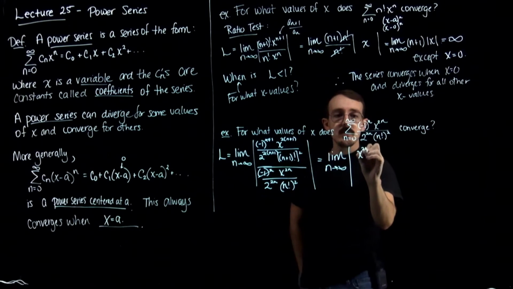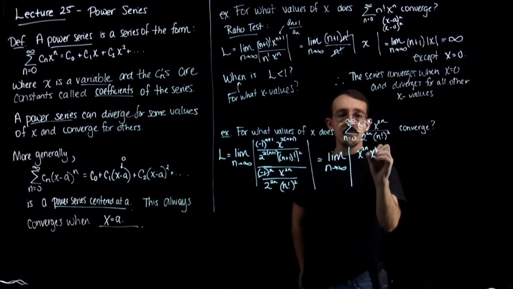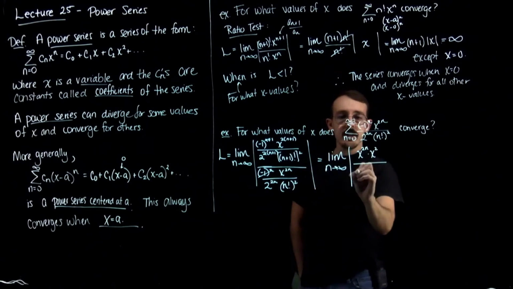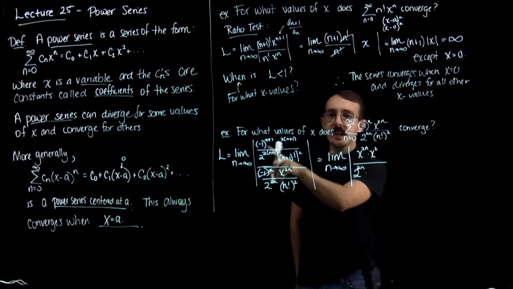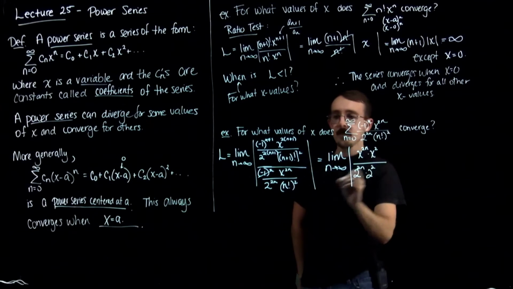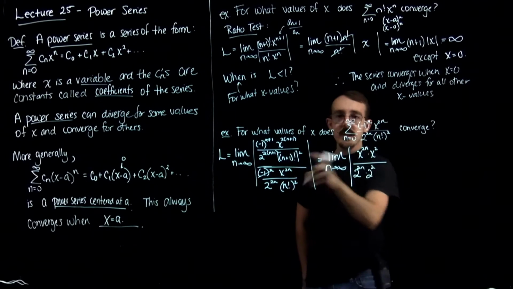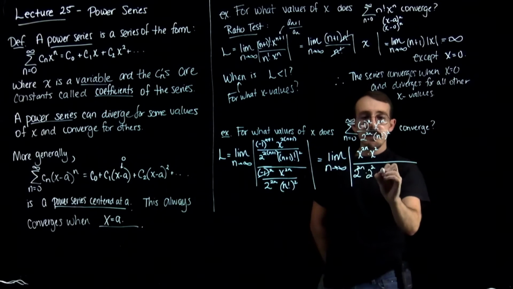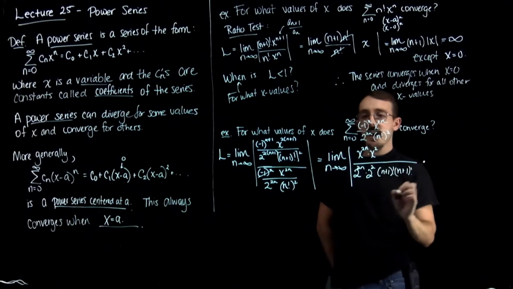I have 2n times x squared. I'm going to separate those. And this is divided by 2 to the, here I have 2n, times, and then I get another 2 to the 2. And then this right here, I have n plus 1 factorial squared. That's going to be n plus 1 factorial times n plus 1 factorial, times.